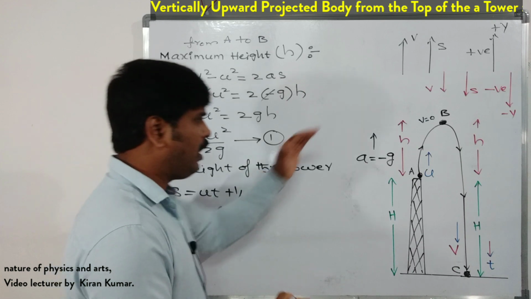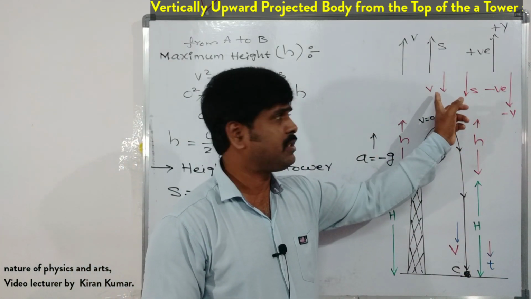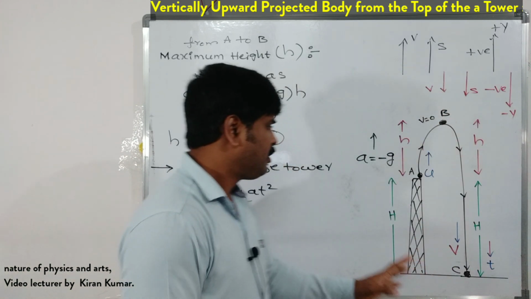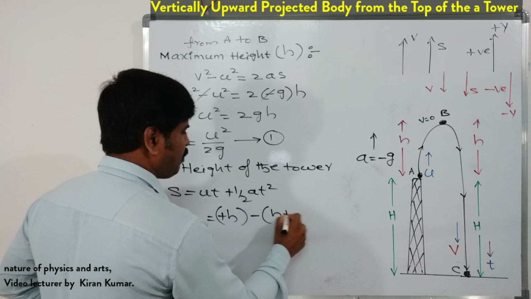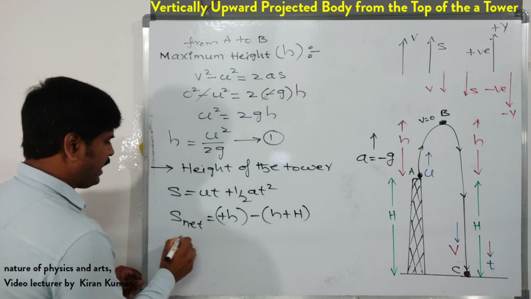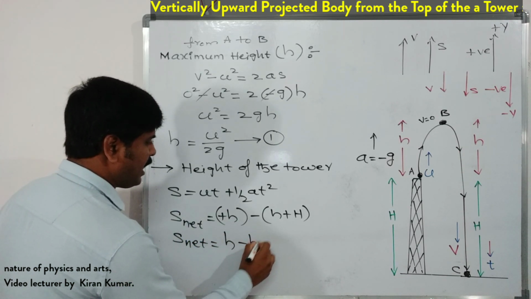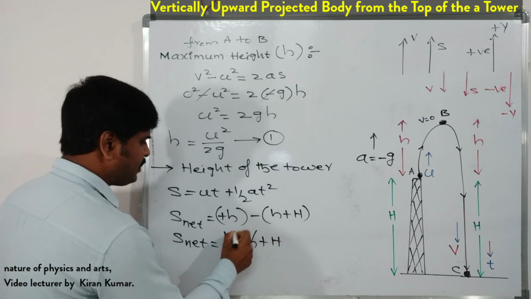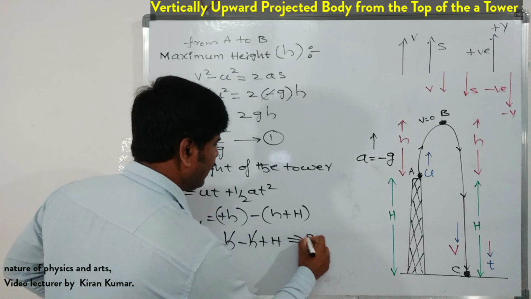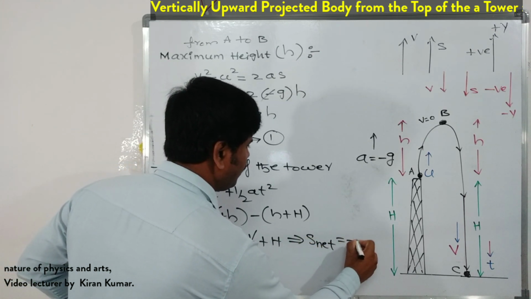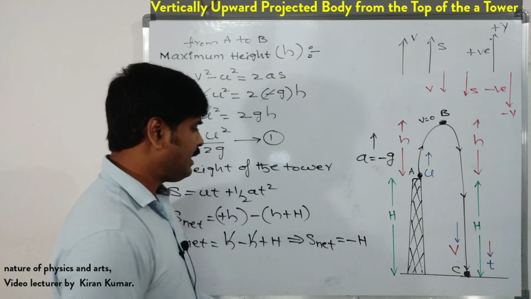The downward direction is negative, as clearly given, displacement and velocity in the downward direction are negative, so here it is minus of small h plus capital H. So s net is equal to h minus h plus H, this h gets cancelled, so we get s net equal to minus H only.